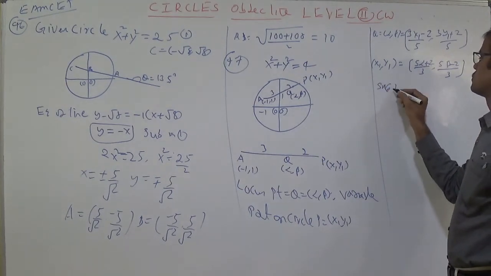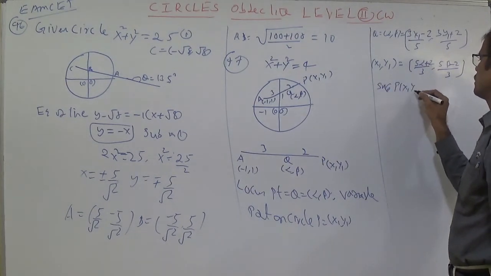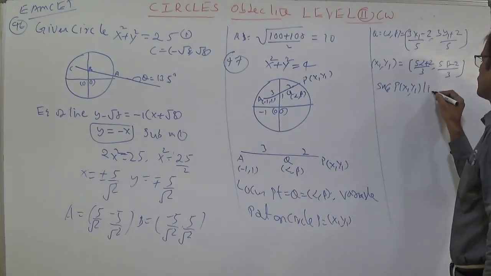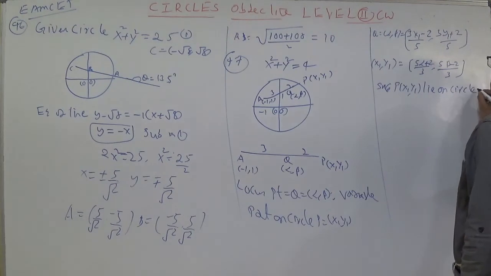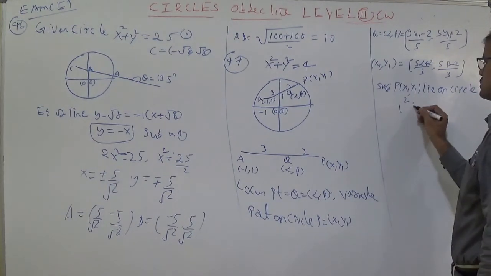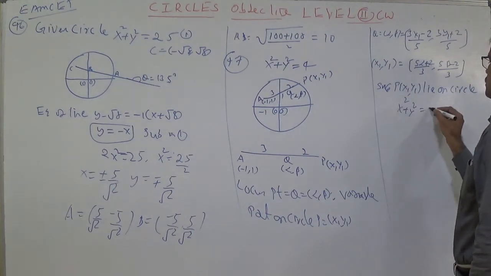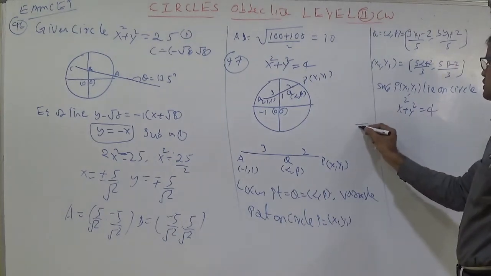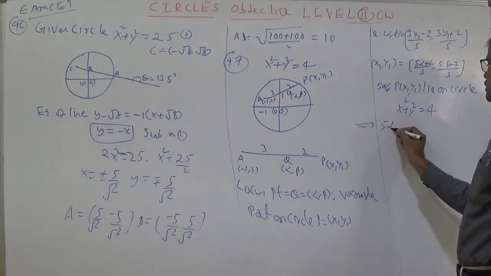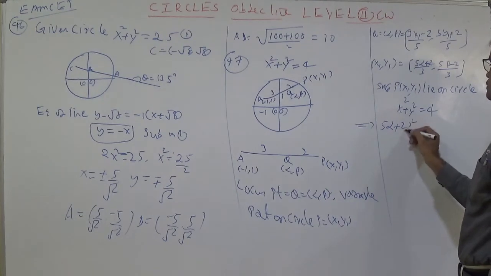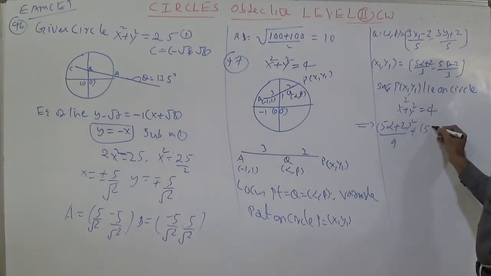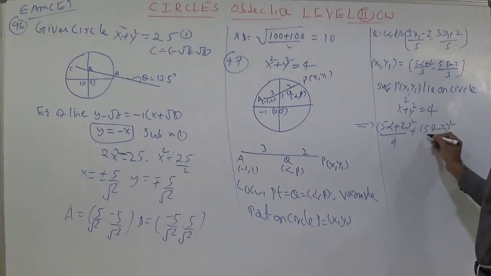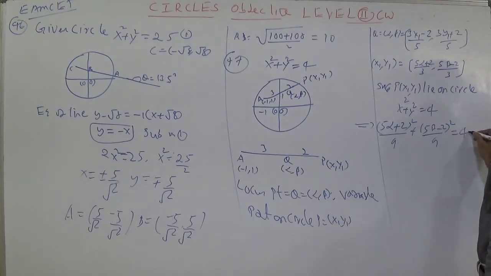So substitute P (x1 comma y1) in the circle x square plus y square is equal to 4. That implies (5 alpha plus 2) whole square by 9 plus (5 beta minus 2) whole square by 9 equal to 4.